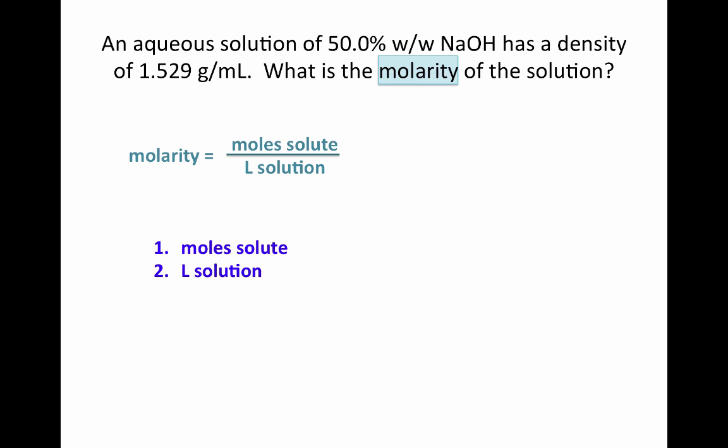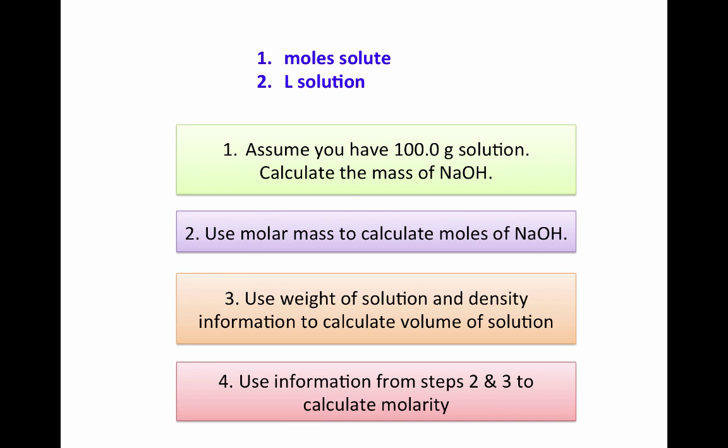So let's now develop an actual plan for solving this problem where we calculate both the moles of solute and the liters of solution and use that to then go ahead and calculate molarity. So the first thing that we're going to do is calculate the moles of solute. In order to do this, we frequently have to make an assumption.